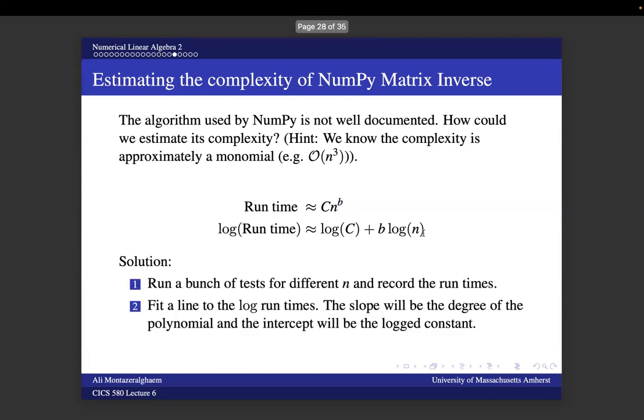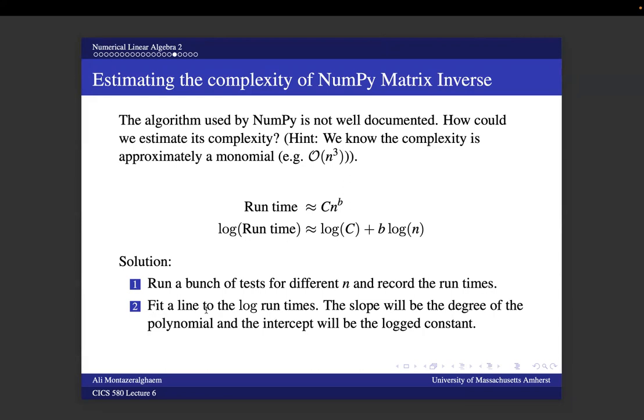So, for example, the solution is just like this. We need to run a bunch of tests for different n and record the runtimes. We give the matrix to NumPy, get the inverse of the matrix, and compute the runtime of this operation in NumPy.